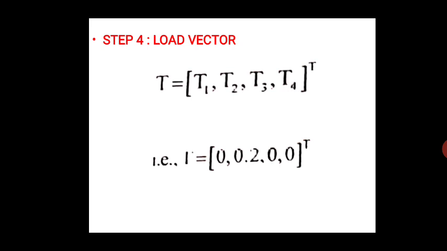We have applied a torque of 2 kilonewton at node 3, and there is no torque at node 4. So we consider T3 as 2 and T4 as 0.